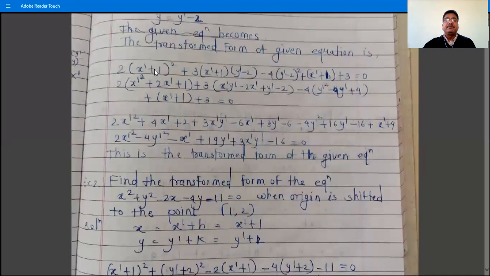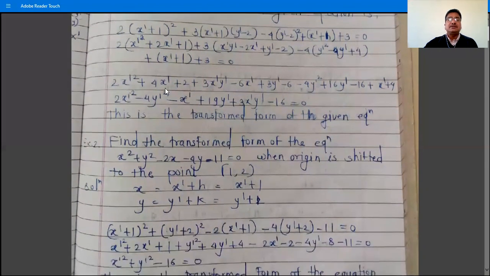Now simplify: find the square of this bracket and multiply these two brackets. Multiplying the two brackets gives four terms: X dash Y dash, minus 2X dash, plus Y dash, and minus 2. Then the square of this bracket: Y dash square minus 4Y dash plus 4, and then X dash plus 1 as it is, plus 3 is equal to 0.